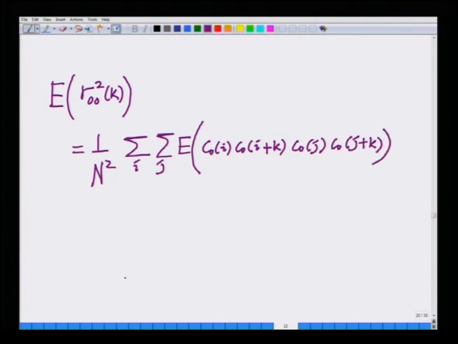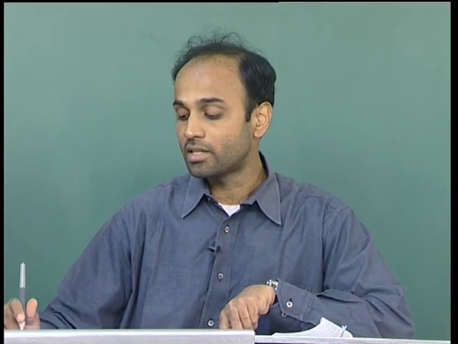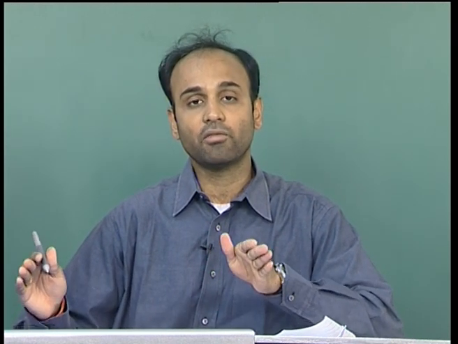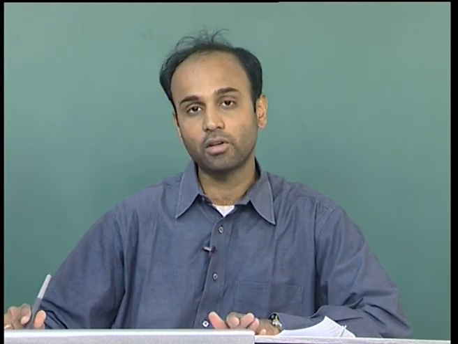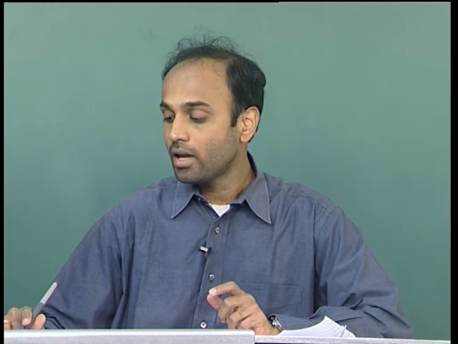Now, look at this expression. If i is not equal to j, then these chips are independent. We said C0i is independent of C0j, because any two chips, when i is not equal to j, are independent, hence the expected value is expected value C0i into expected value C0j and so on.